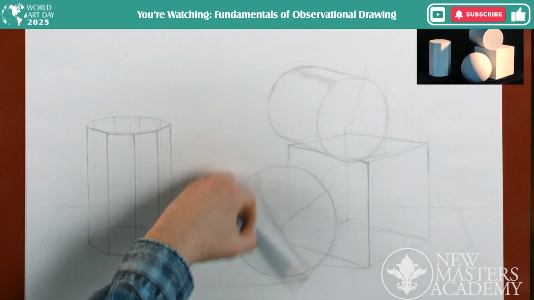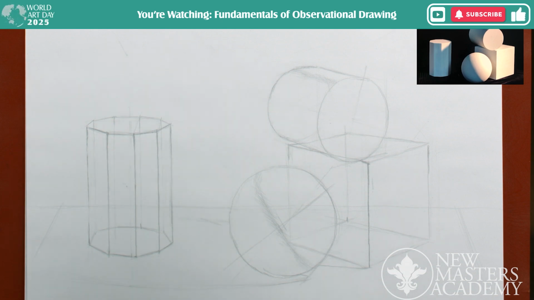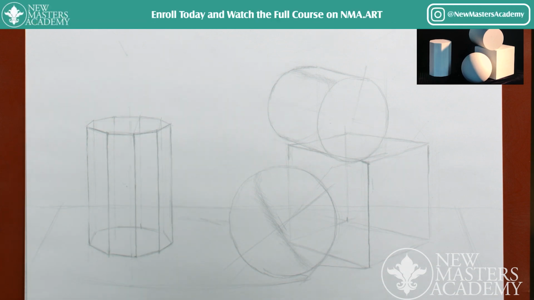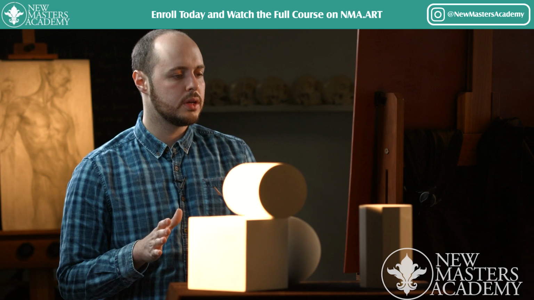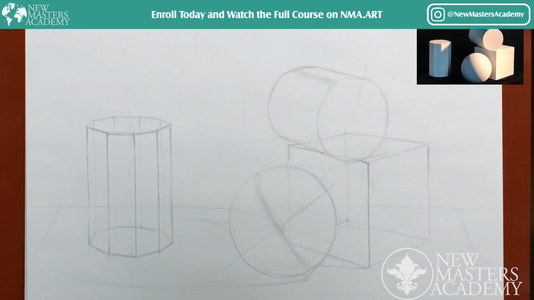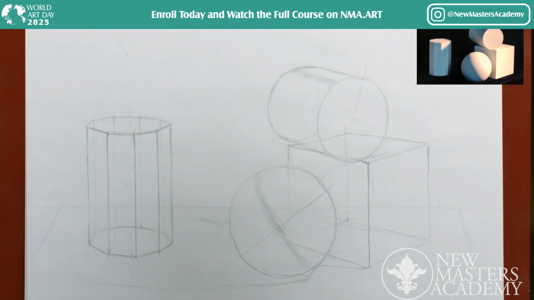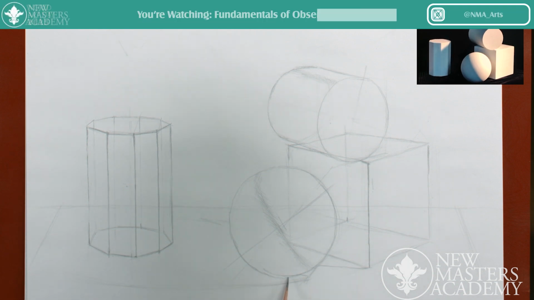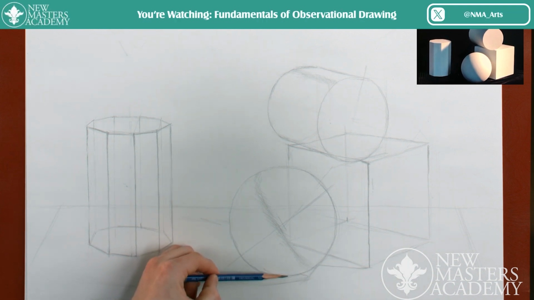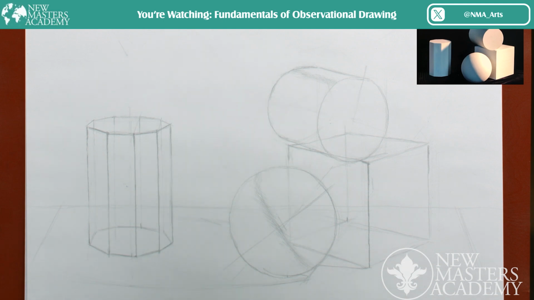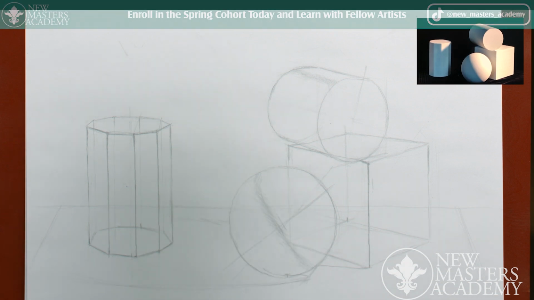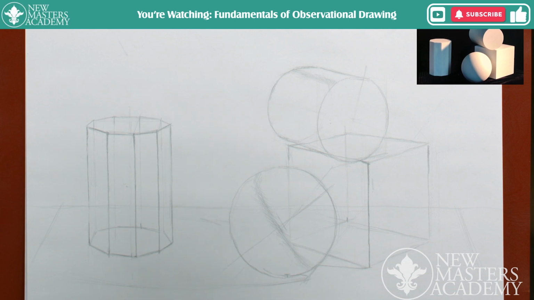Because of that angle, the cast shadow is going to be projected onto the surface of the table, because the only tangent the sphere has with the table is at a single point at the very bottom.